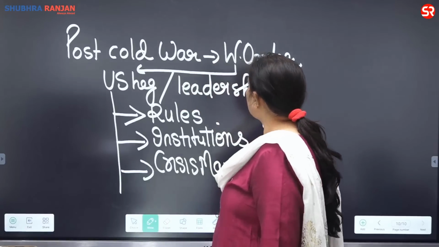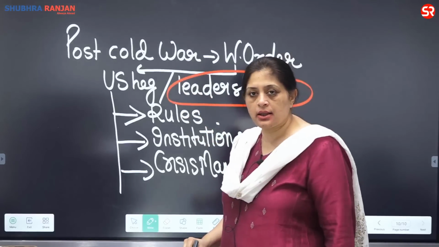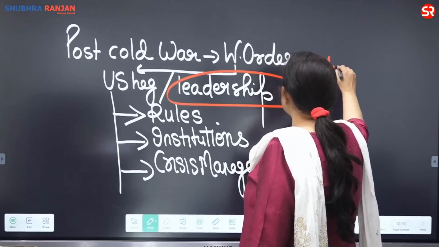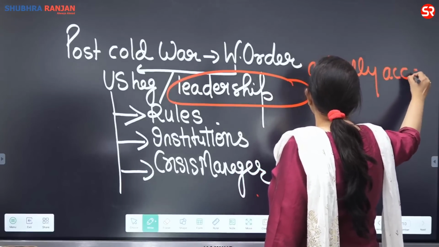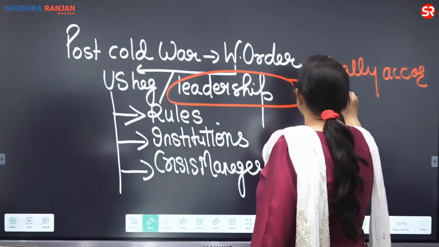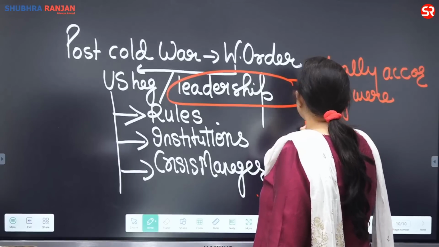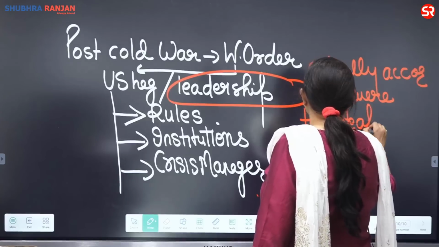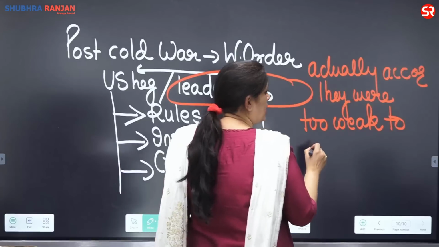Fine. So this was an era of US leadership, but the question is whether the countries or the societies actually accepted the USA's leadership, or they were too weak to oppose, too weak to counter.